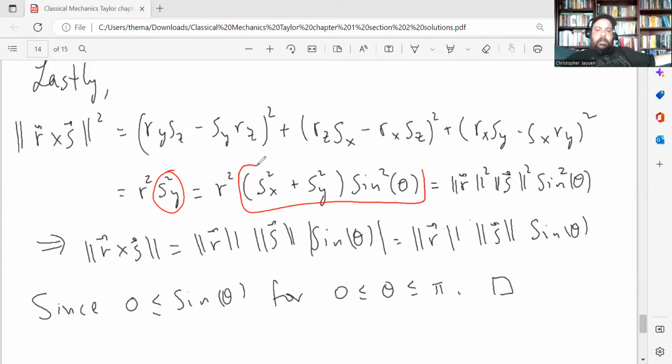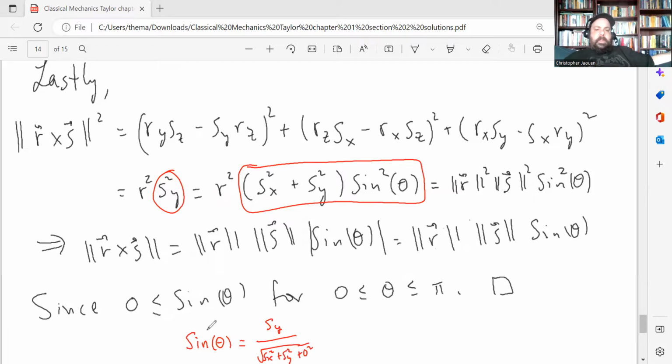this, for a similar reason that we had in that other problem where I think it was S_x was equal to the square root of S_x squared plus, yada, yada. So if you draw the triangle, you'll see that sine of theta, where theta is the angle between R and S, is S_y over the square root of S_x squared plus S_y squared plus 0 squared.